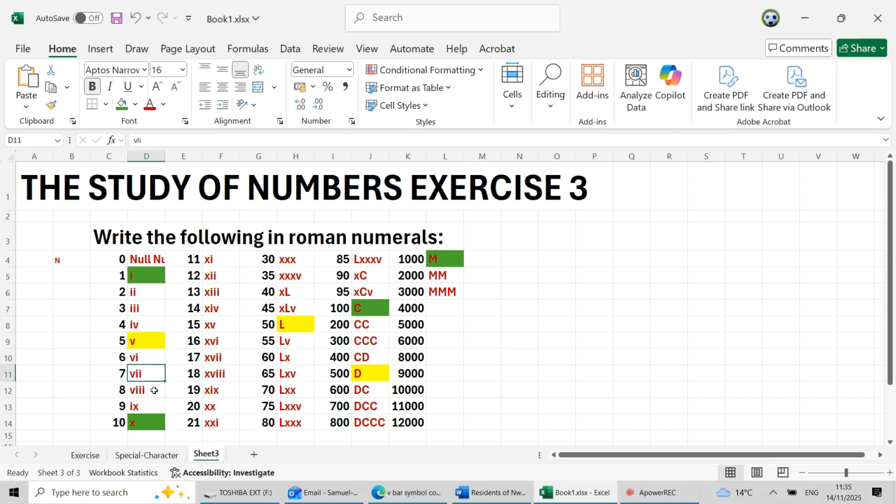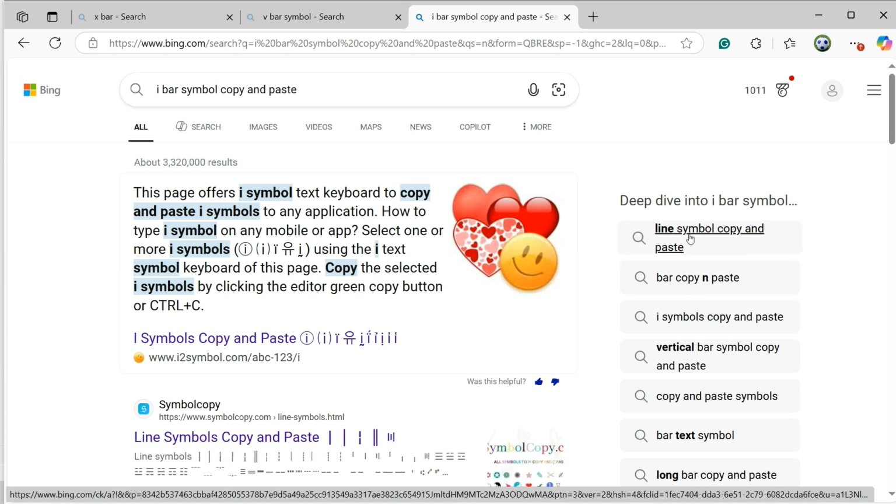For example, if you want 1,000, you can say I bar. I bar means you put an overline on top of I, and then I will be from the bottom. Let me see, because there's no line symbol to copy and paste.